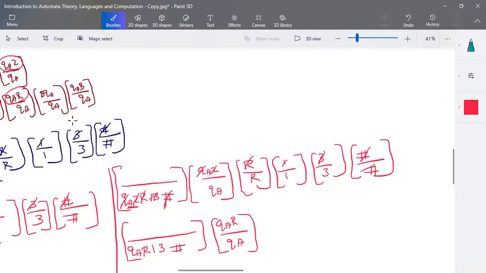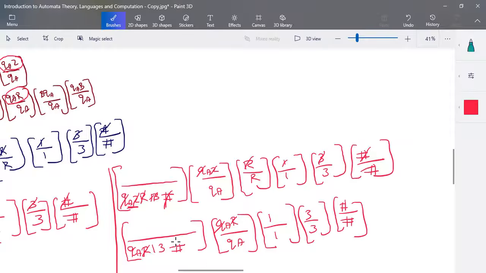It is QAR, and at the bottom it is Q accepting state. So this QA matches, and this R matches. Now I have 1 at the bottom, use 1 1, 3 3 matching dominoes, and the hash. Okay, so this 1 matches, this 3 matches, and this hash matches.